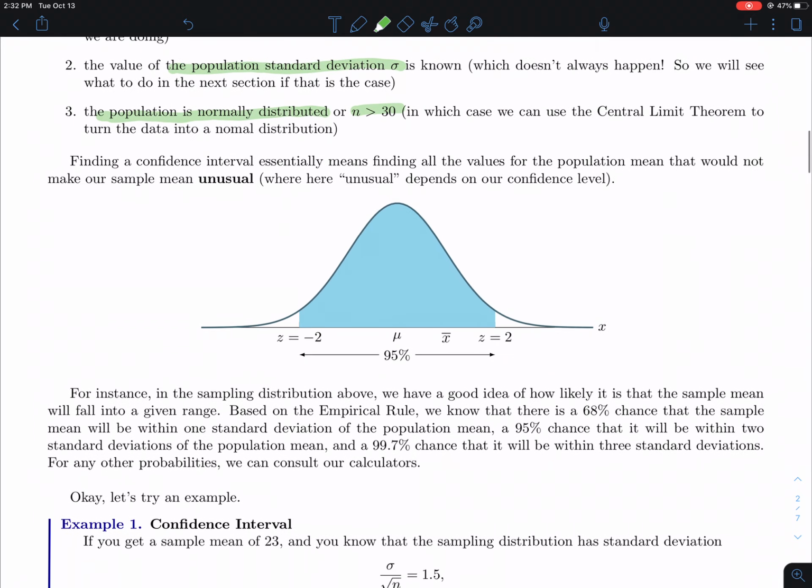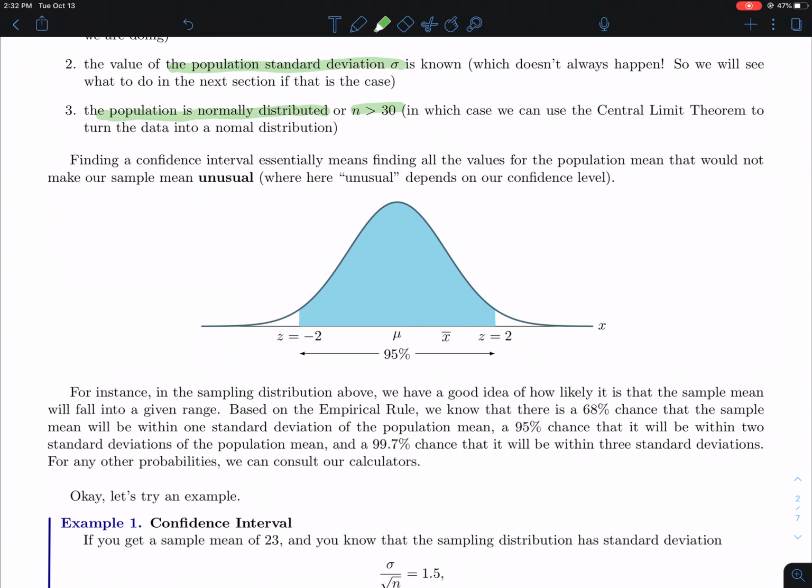All right. So this is a little picture of what the 95% confidence interval looks like. If you remember, our empirical rule talked about that also. That's why we've got z-scores of -2 and +2 here, because those are our z-scores for 95%. When we're calculating this, what that means is this white area, if you add them together, since all probabilities add up to 100, means that we're going to have 5% that lives in that white area.